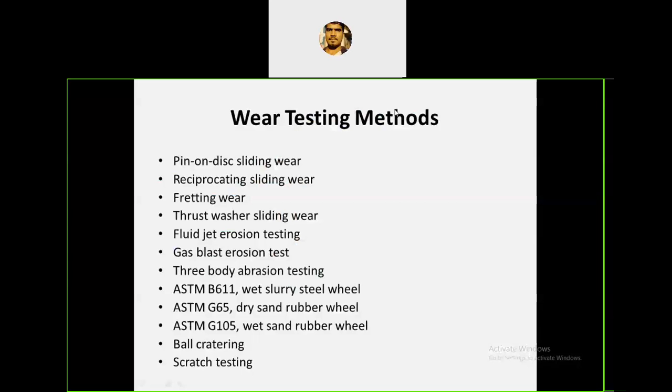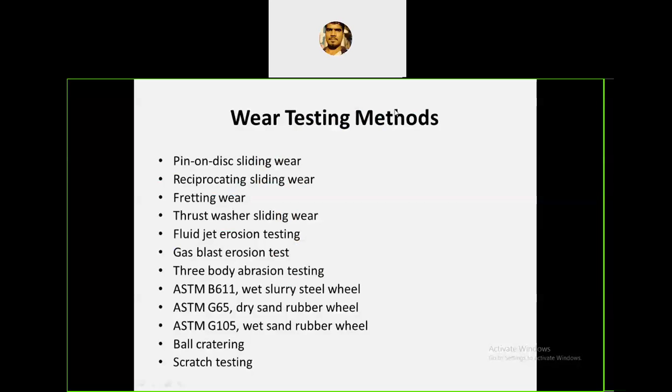Wear testing methods. There are many pieces of equipment we use to test the wear rate. So far we discussed only the theoretical way of wear analysis and wear theories, but now it is the practical, experimental way of testing the wear rate. There are many types. One is pin on disc sliding wear, which you already did in your metal testing lab, where the pin on disc is the rotating one.